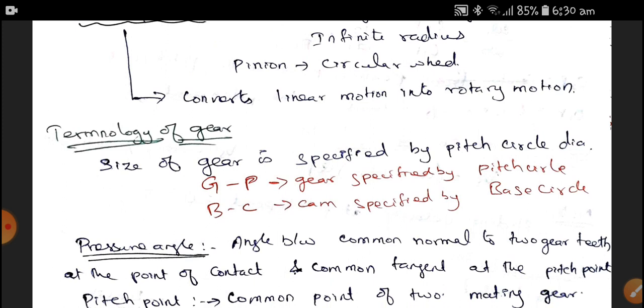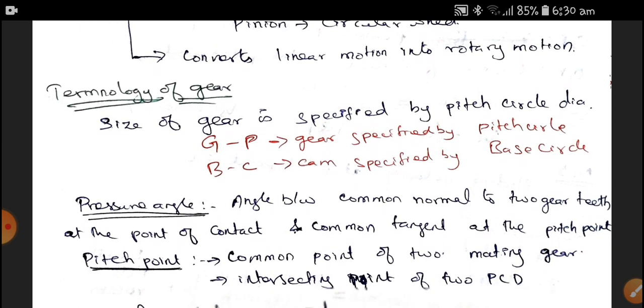Next one, the pressure angle is very very important because gears work according to the law of gearing. In the law of gearing, the pressure angle should be common for both mating gears. Only then is gear drive or gear power transmission possible.